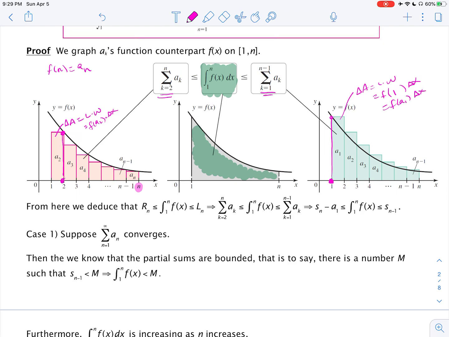And so we could see that any arbitrary one would be f of a sub n delta x. And we can clearly see that the entire sum is going to be bigger than the area under the curve, right?